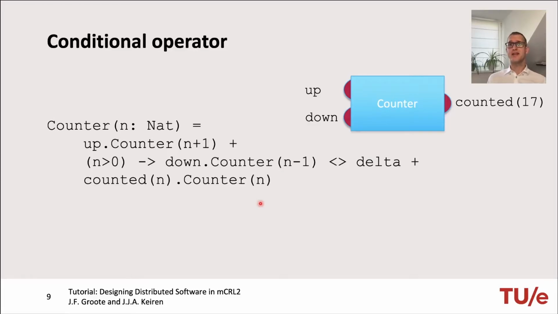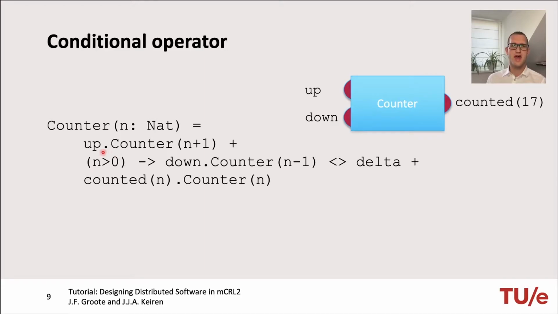Now that we have data, we also want to be able to affect the control flow using that data. So suppose we want to extend the counter with a down action that can only be executed if up has been pushed at least once. Then we can do so by introducing a conditional.